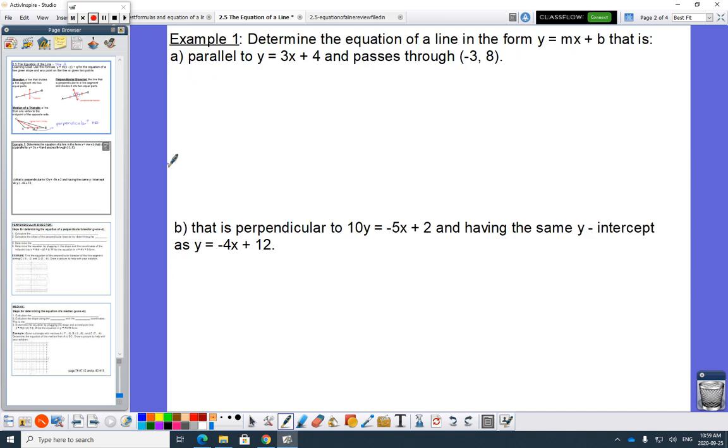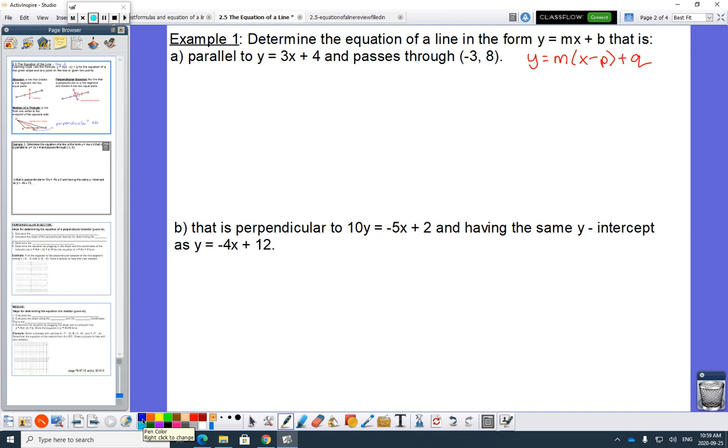Okay, so these questions aren't asking you to specify whether it's median or perpendicular bisector. You just have to find the equation of the line. So the general form, we're going to use that again. So now, yes, we do need the equation of the line, but you get that formula, right?